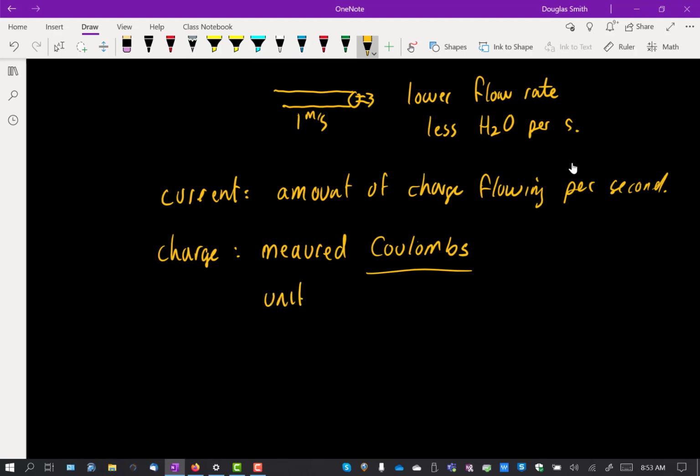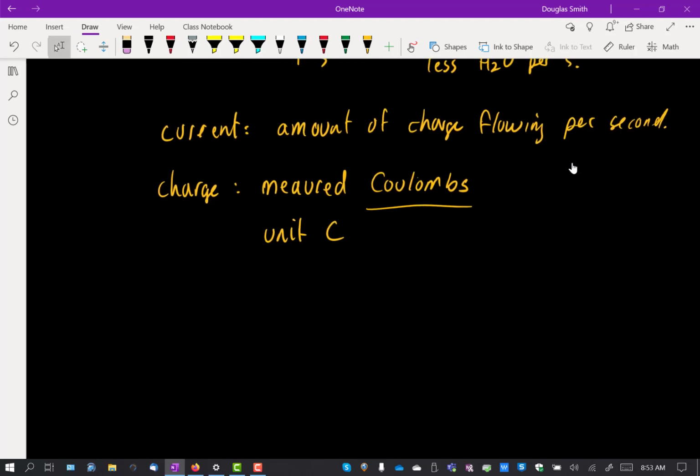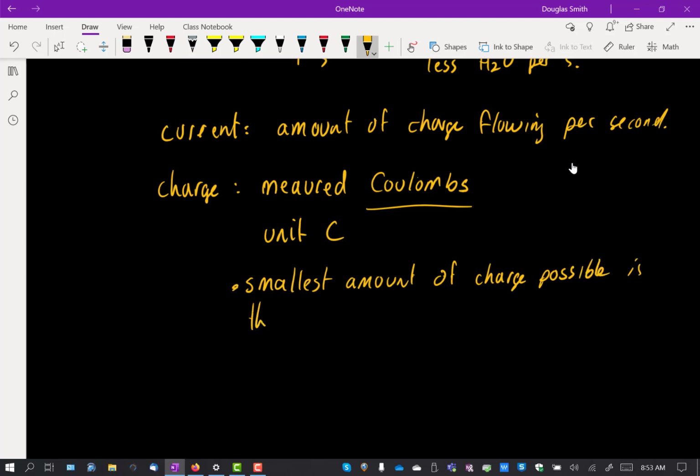The unit for a coulomb is a C. And we could say that the base, the smallest amount of charge that we can get, is the charge of an electron.